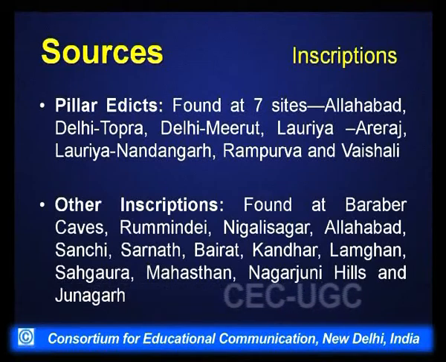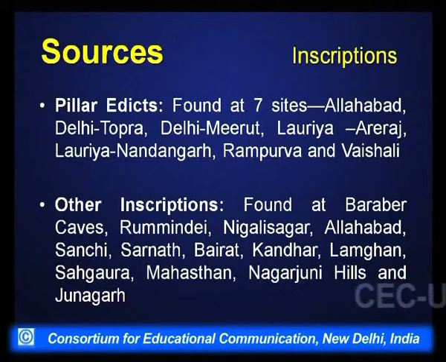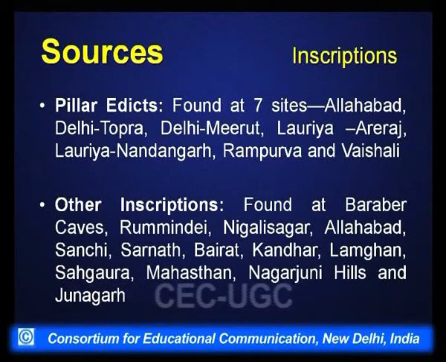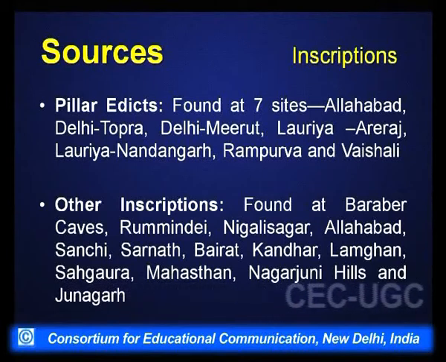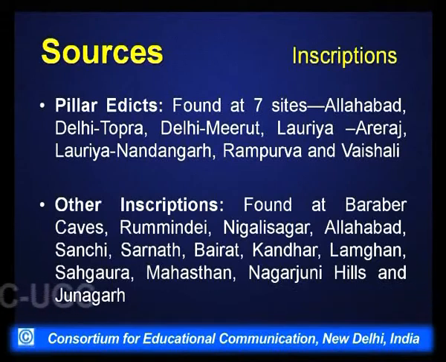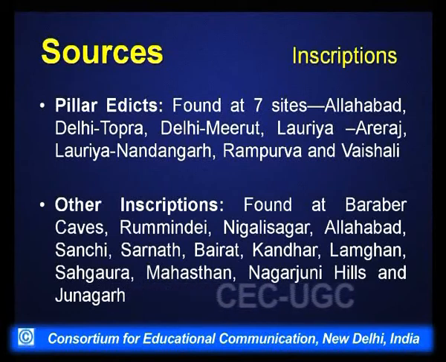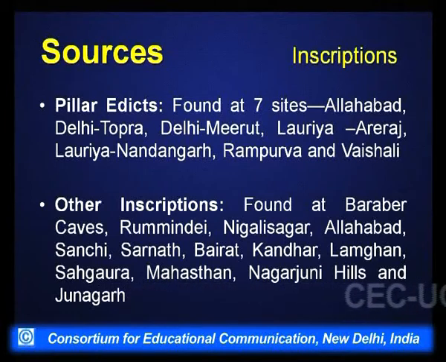So they are called Delhi Topra, Delhi Meerut. Then we have Lauria Araraj, Lauria Nandangarh, Rampurva and Vaisali. Now, these pillar edicts are very good specimens of Mauryan art, and they are considered to be the masterpieces of Mauryan art. But here we are looking at them from the point of view of inscriptions.